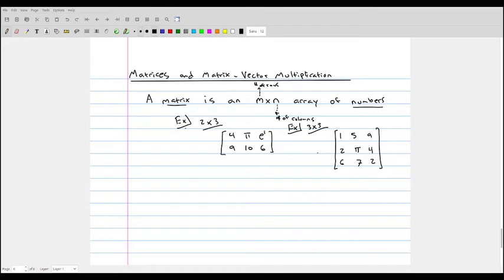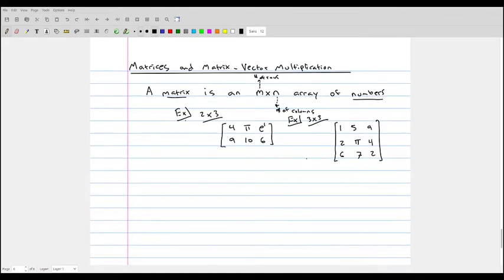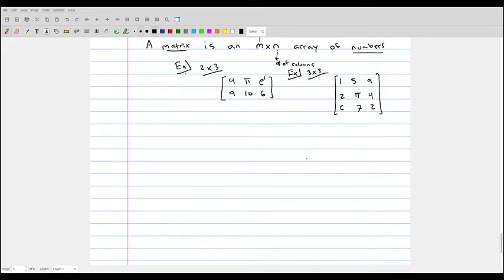This is an example of a 3 by 3 matrix. And a lot of times we can call a matrix capital A or capital B. We use capital letters to denote various matrices.